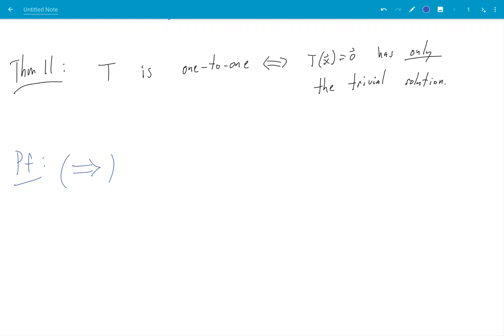So what do I need to prove here? First of all, assume that this statement is true: T is 1 to 1. And then with that assumption, I have to prove that T of x equals the 0 vector has only the trivial solution.